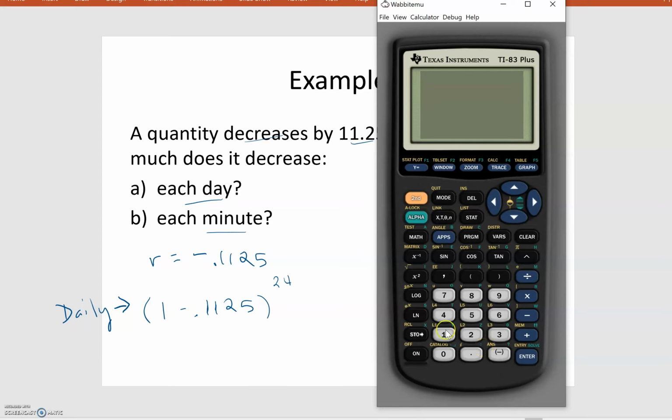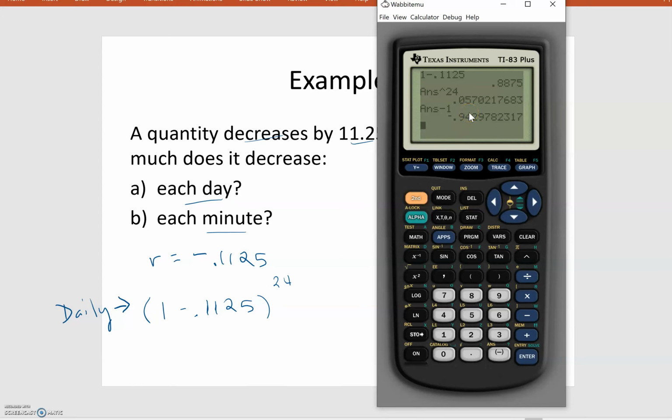So don't forget that. But 1 minus 0.1125 to the 24th power, that's our daily factor. And then you can either subtract this from 1 and not change the sign, or subtract 1 from this and change the sign. It just depends on how you want to go about it. But if I just do minus 1, that right there is my daily growth rate.